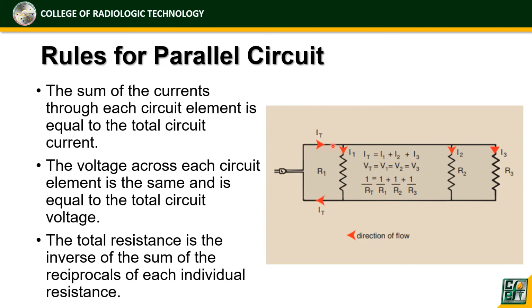Pero dito, yung voltage, okay, let's say sa per circuit element, so dadaan yung voltage dito, then balik na siya sa source. Dadaan yung voltage sa circuit element 2, pero hindi siya dumaan ng circuit element 1. Balik siya dun sa pinanggalingan.